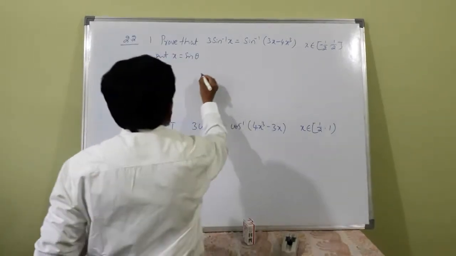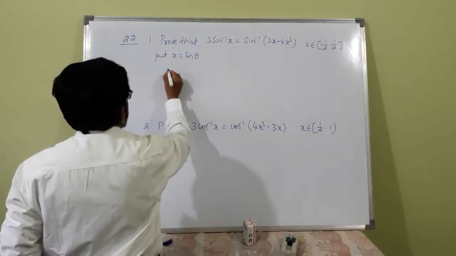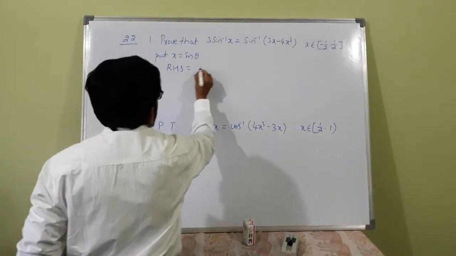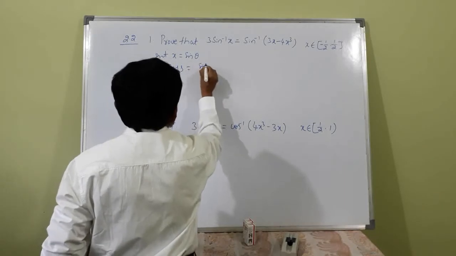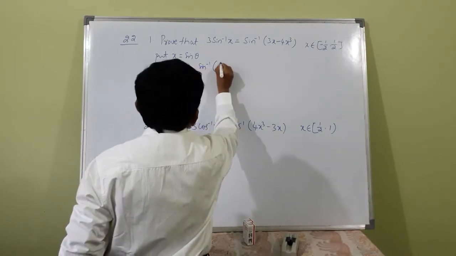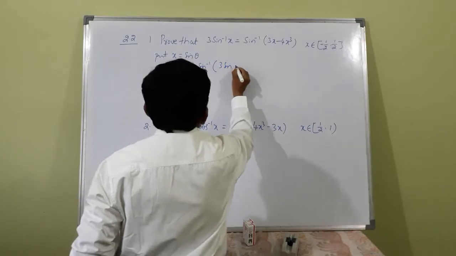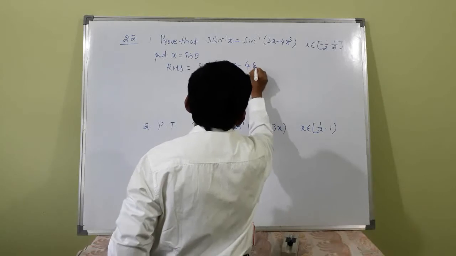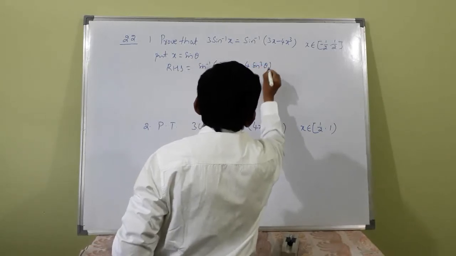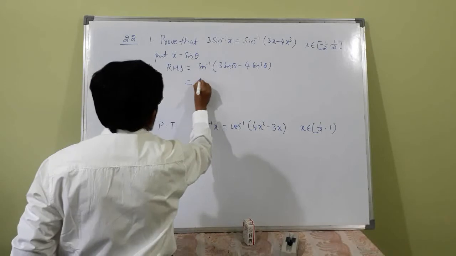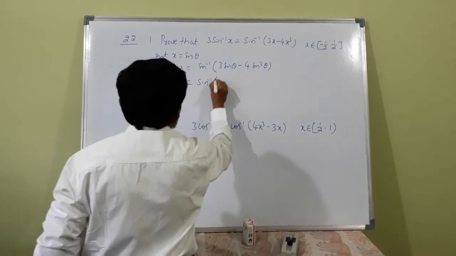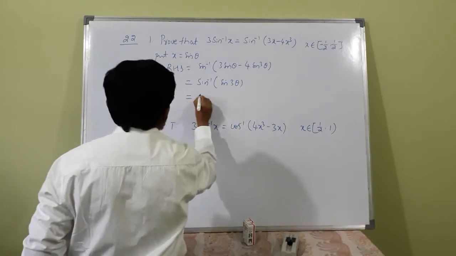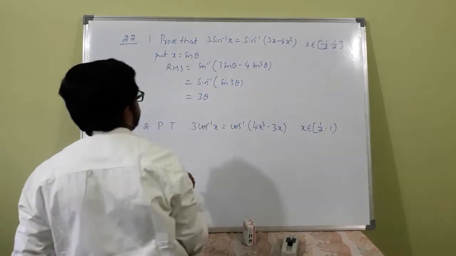So then RHS is sin inverse of 3 sin theta minus 4 sin cube theta, which is equal to sin inverse of sin 3 theta, which is equal to 3 theta.